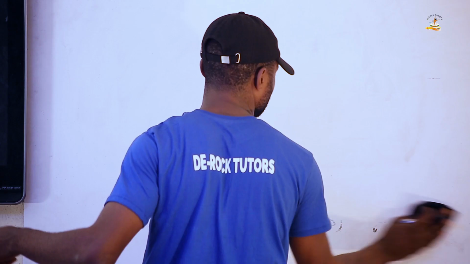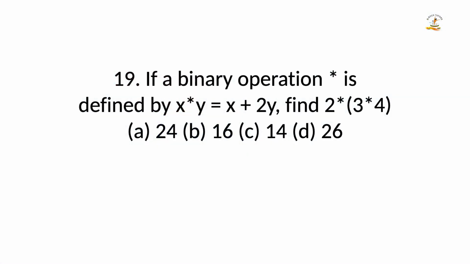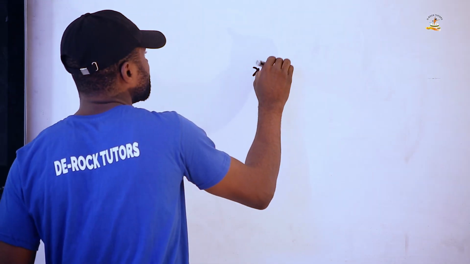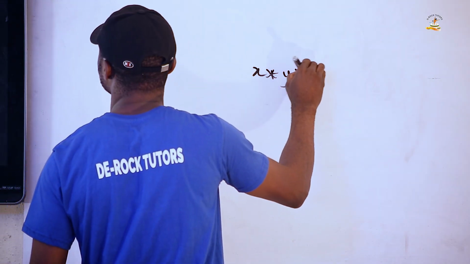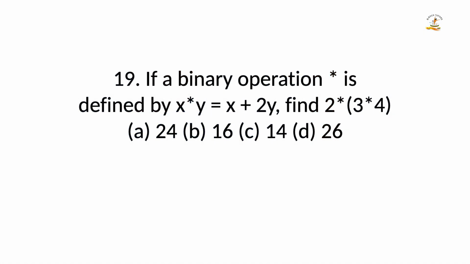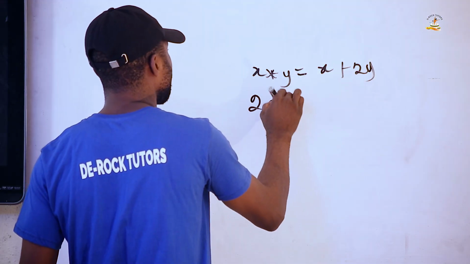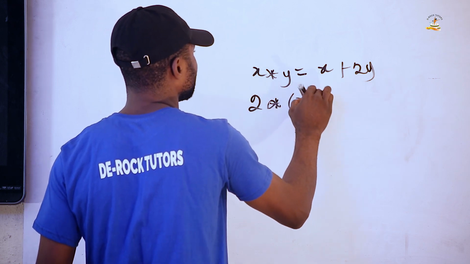The next one is on binary operation as well. You have x * y equal to x plus 2y. We are required to obtain 2 * 3 * 4.